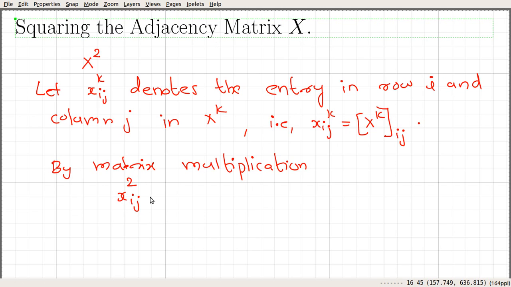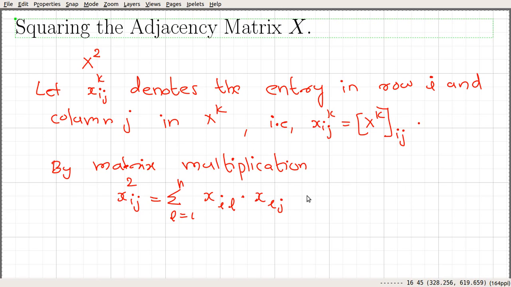Then by matrix multiplication this term by definition is equal to a sum over L equal to 1 to n, going through the ith row and jth column, of x_iL times x_Lj. That is how we multiply matrices.